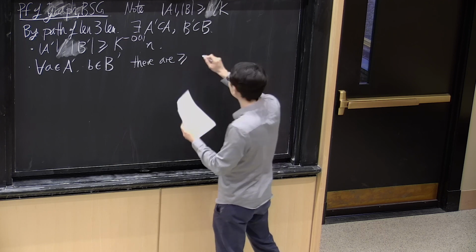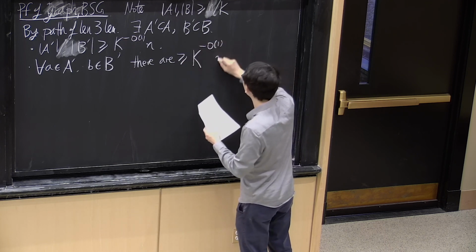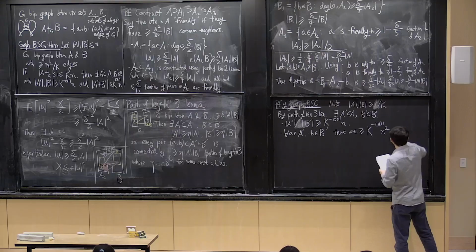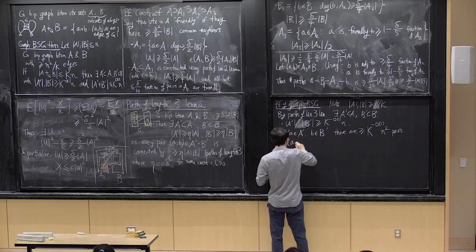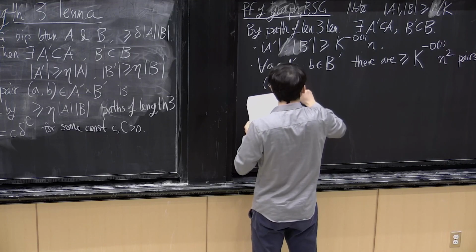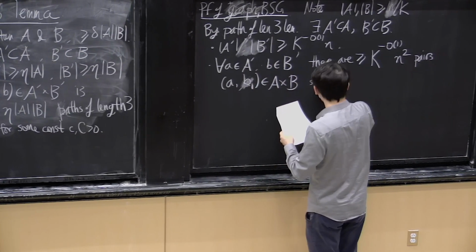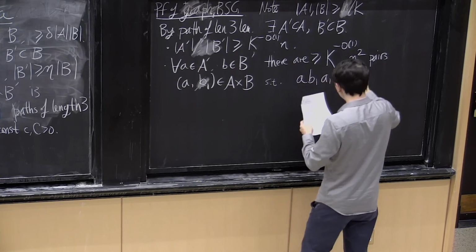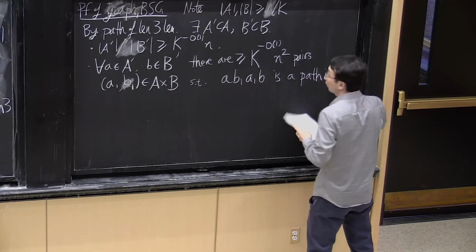So there are at least k to the minus little o1 to the minus big O1 times n squared pairs of intermediate vertices A1, B1 in A cross B, such that a, B1, A1, b is a path in G.